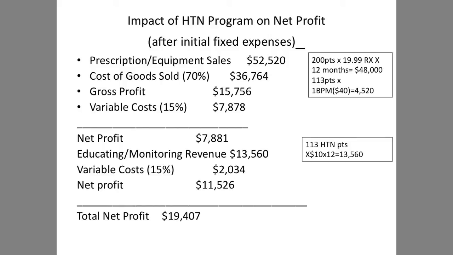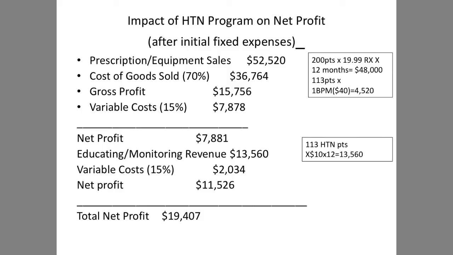So my total sales with prescriptions and equipment sales was 52,000. Now, I know that our cost of goods is probably a little bit higher than 70%, but just for the sake of the exercise, say that my cost of goods is 70% of my total sales. Well, there's my 36,000, and you could use whatever your cost of goods sold is in your pharmacy.